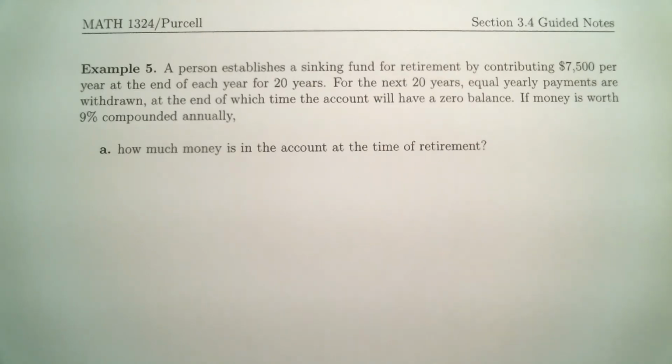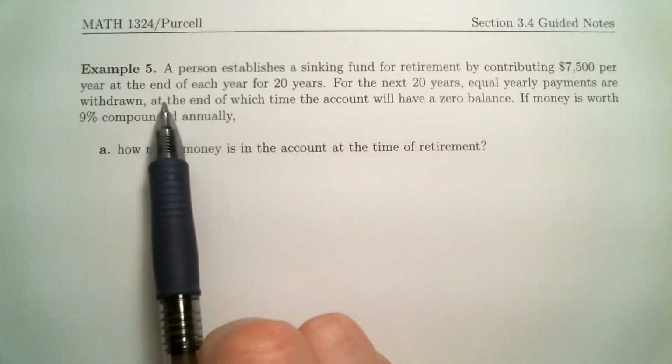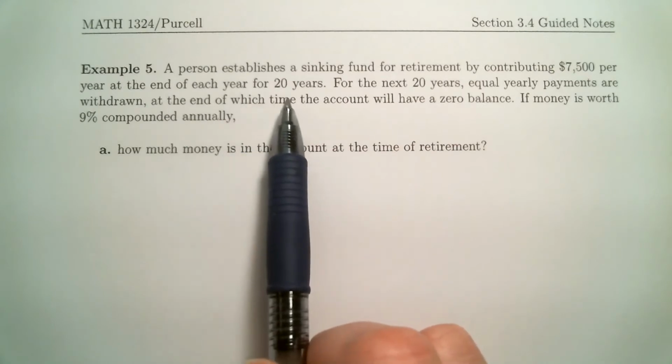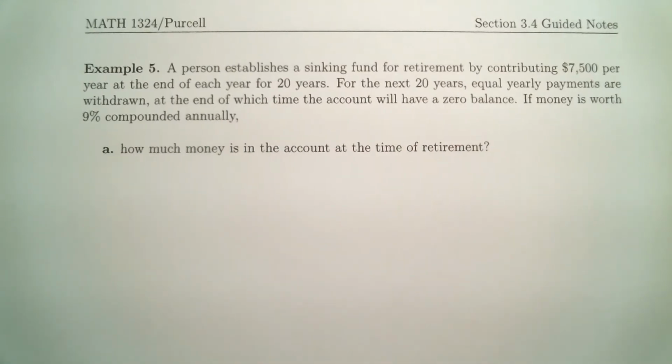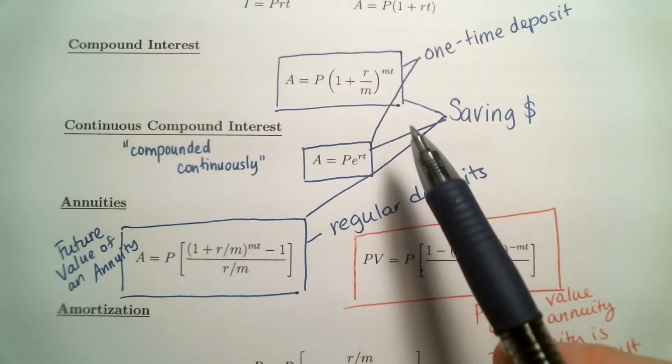So how did they save for retirement? Well, they contributed $7,500 per year for 20 years, and the interest rate was 9%. Since in this first part the person is saving money, you have to look at the formulas where you're saving money.